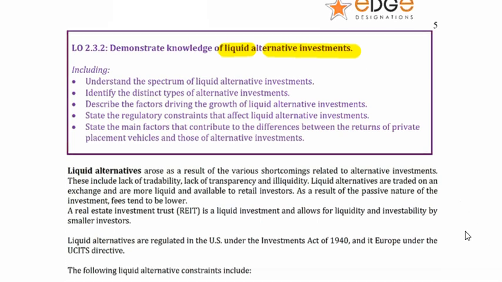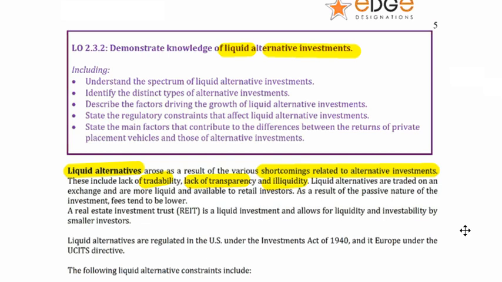But now let's see over here. These liquid alternatives, why are they there? They came about as a result of the shortcomings that are generally related to alternative investments, including tradability, lack of transparency, and particularly, guys, illiquidity.